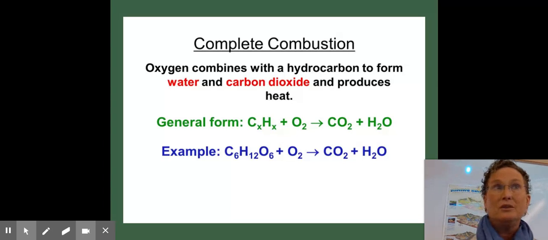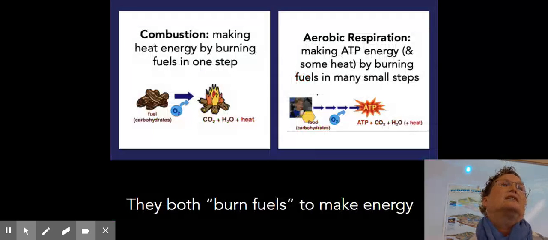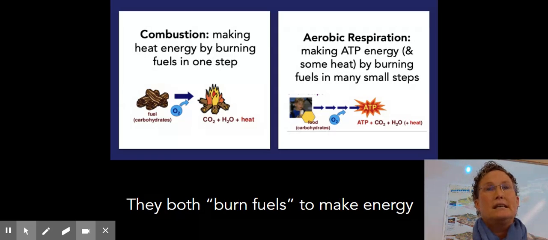Does that remind you of anything that you've learned about in biology? It should. It should remind you of aerobic respiration. In your cells you go through cell respiration to make ATP. That's from biology.